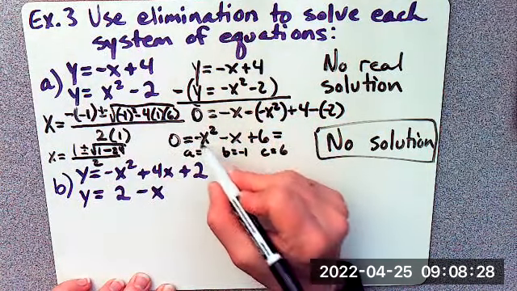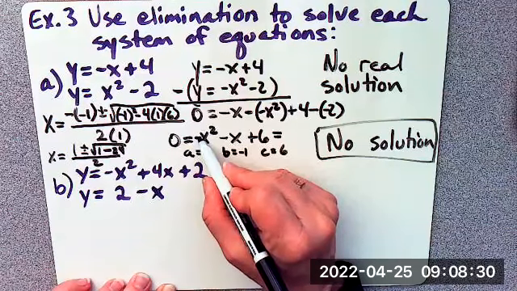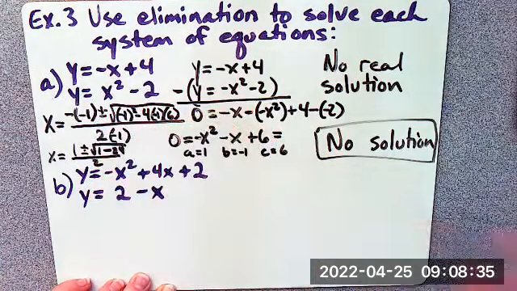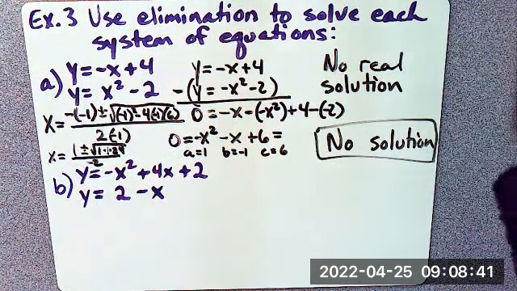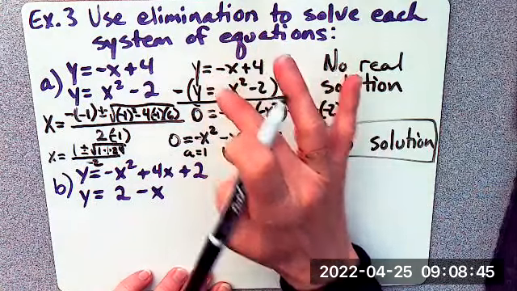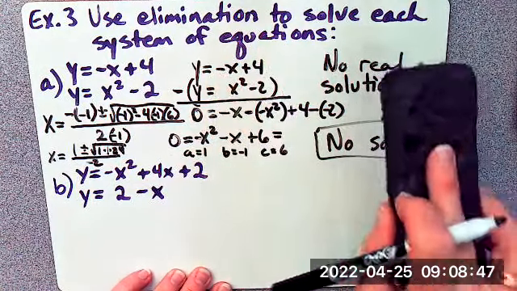So the problem was that I dropped that negative here. So that's a -1, and that's a -1, and that is going to give us a positive here and a negative right there.